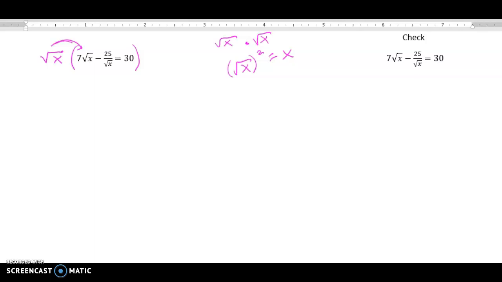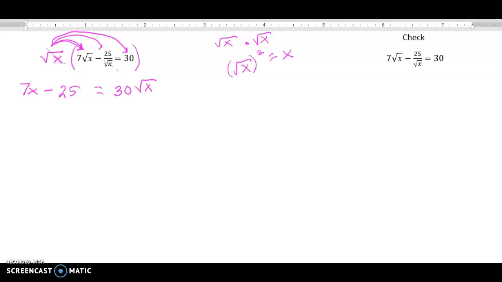So I have the square root of x times 7 square root of x will give me 7x minus the square root of x times 25 over the square root of x. This multiplying by the square root of x will cancel dividing by the square root of x. So that'll just give me 25 equals the square root of x times 30 is 30 square root x.